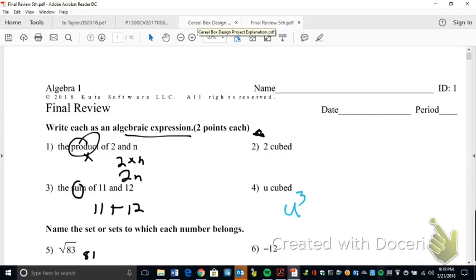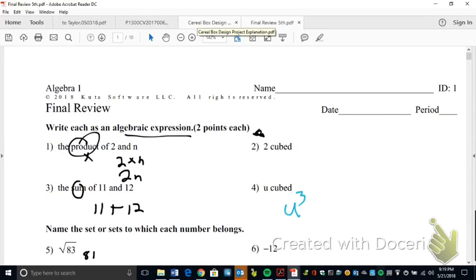Here's the nifty thing about roots in general: all roots are either perfect roots or irrational numbers. If it's not the perfect square of 1, 2, 3, 4, 5, 6, 7, 8, 9, 10, 11, 12, and so on, then it's going to be an irrational number. So let's look at 25.